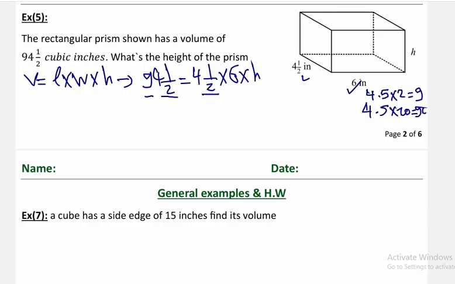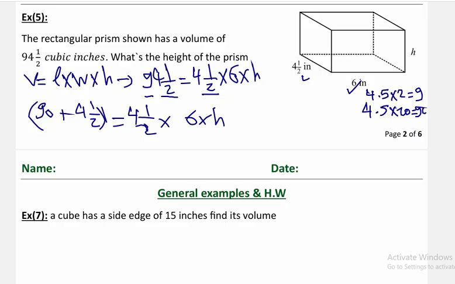Okay, so we'll use this point. We break this 94.5 into 90 plus 4.5 equals 4.5 times 6 times h. Divide the whole equation by 4.5. 90 divided by 4.5 will be 20. We just calculated that. 4.5 divided by 4.5 is 1.